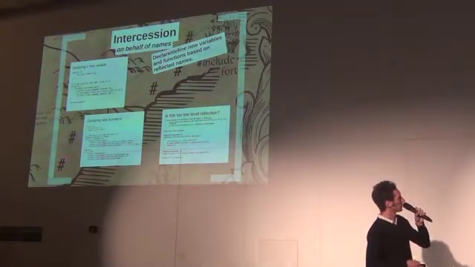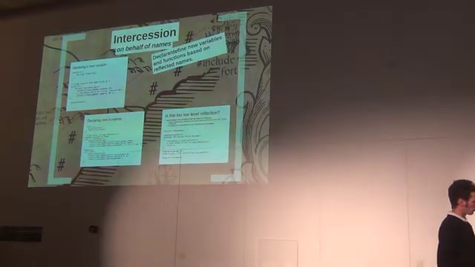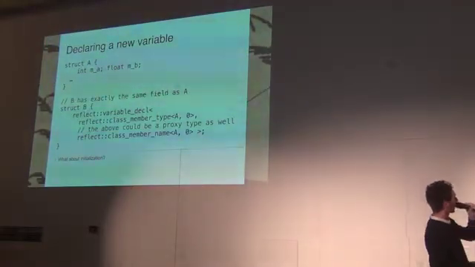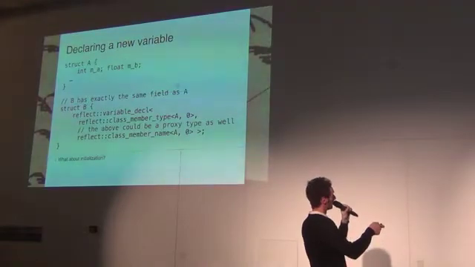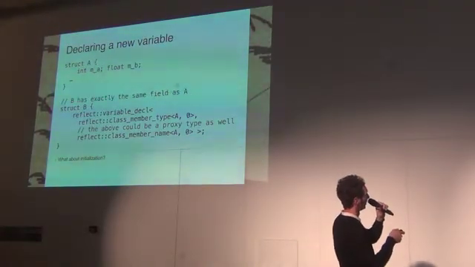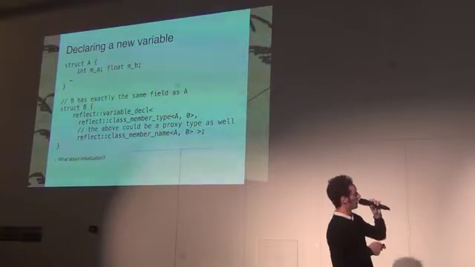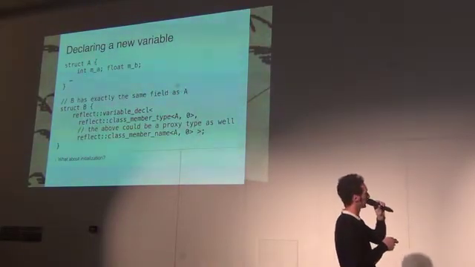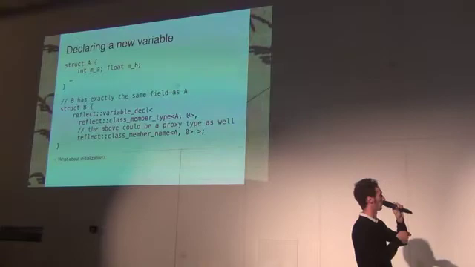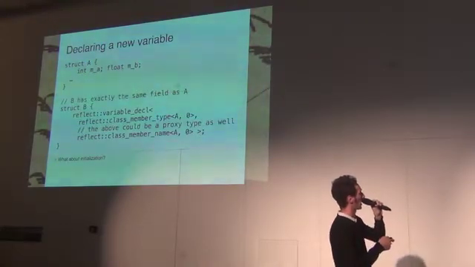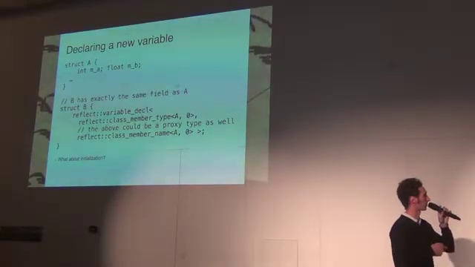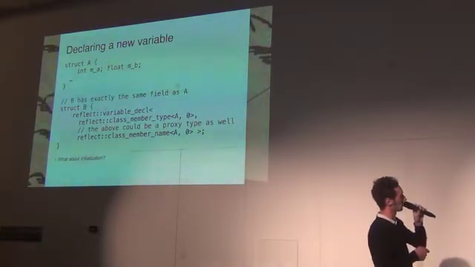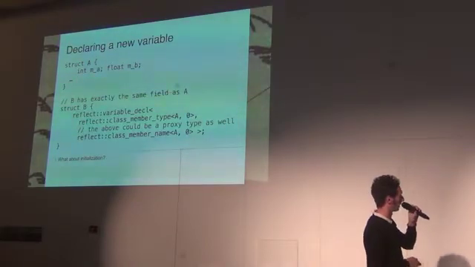And basically this is the direction of my research. So I would like to have something like this. If you have a struct A, you might have struct B with exactly the same member variable named m_a, but probably if you are striving for a mocking framework, you would want to have a different type for that variable.